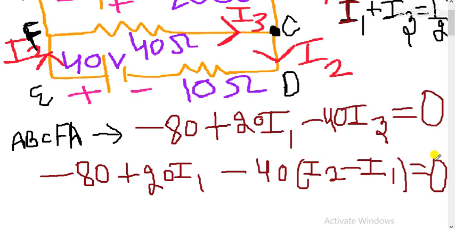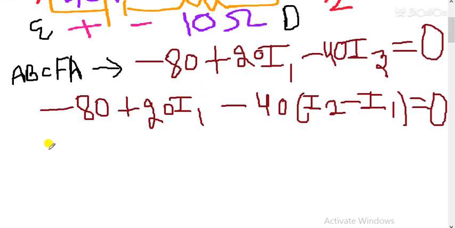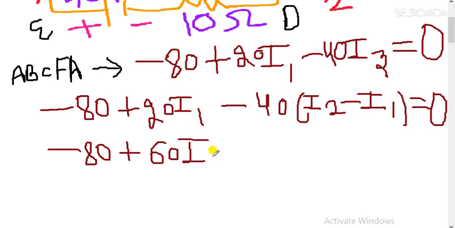Now students, you can see the equation will become minus 80, 20 I1 and plus 40 I1 here. So it will become minus 80 plus 60 I1 minus 40 I2 equal to, students, 0.